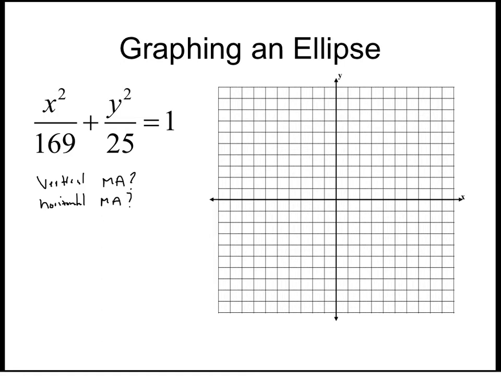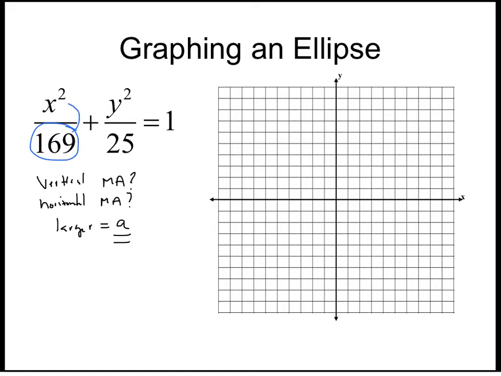We look at where the larger number is. The larger value in this type of shape is going to be our a, which is telling us what our major axis is. So for example, in this problem, the larger number is 169.